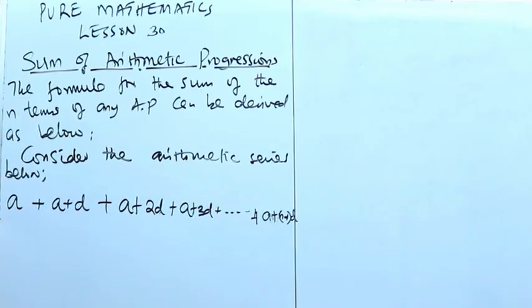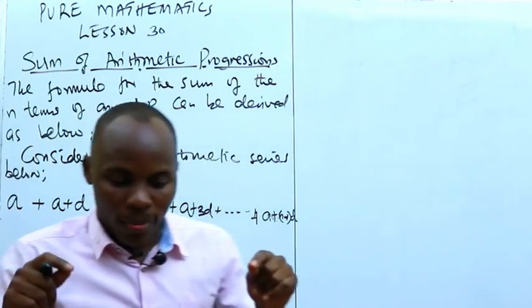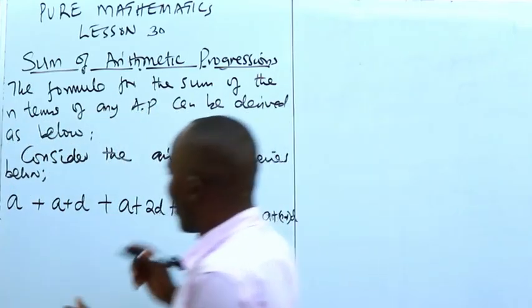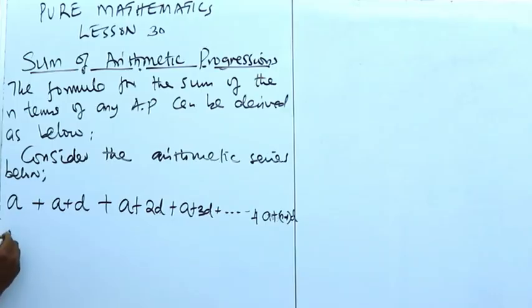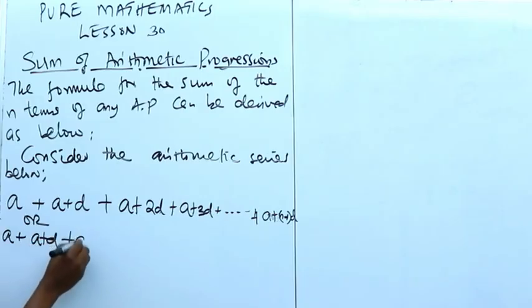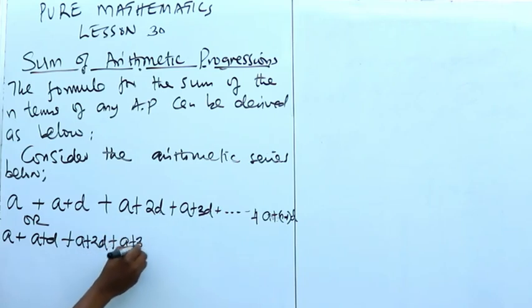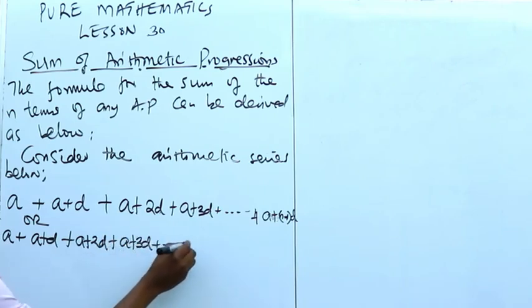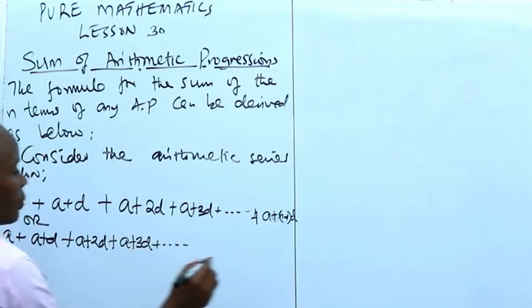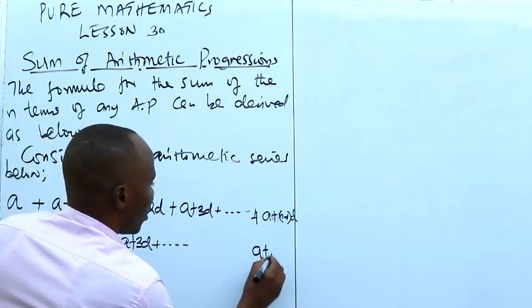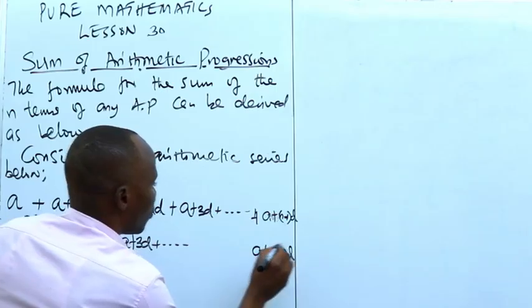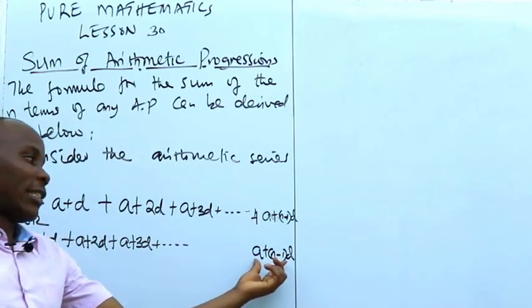Now, what if I also rewrite it as A plus D plus A plus 2D plus A plus 3D plus, now this is A plus (n minus 1) into D. I've called this the last term.